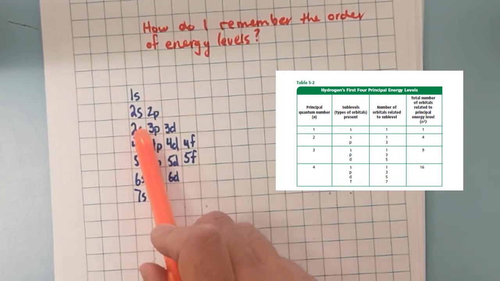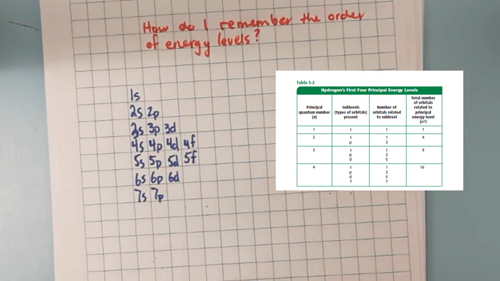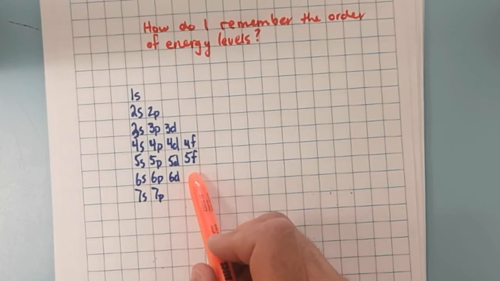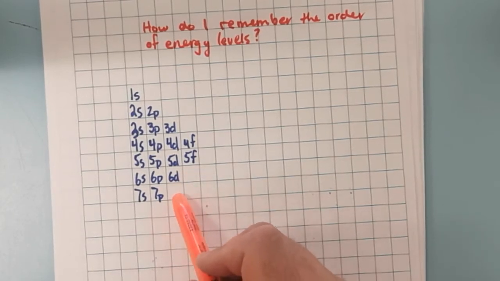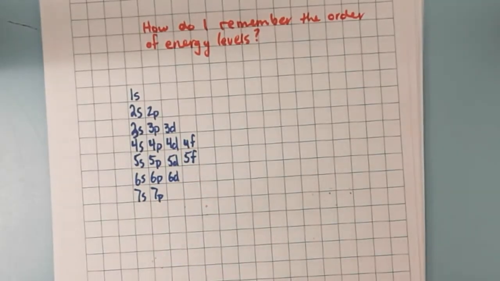When we move into the third and the fourth, additional orbits become available. A question you might have is, is there a 6f? Yeah, but no element in the universe uses it, not in the ground state. Is there a 7d? Yeah, but no element in the known universe uses it. So for our intents and purposes, we list all of the orbits that are possible, just as we see in figure 5.19.